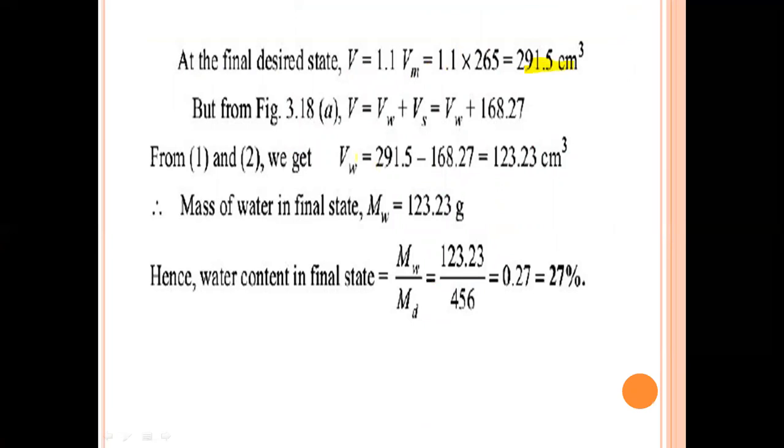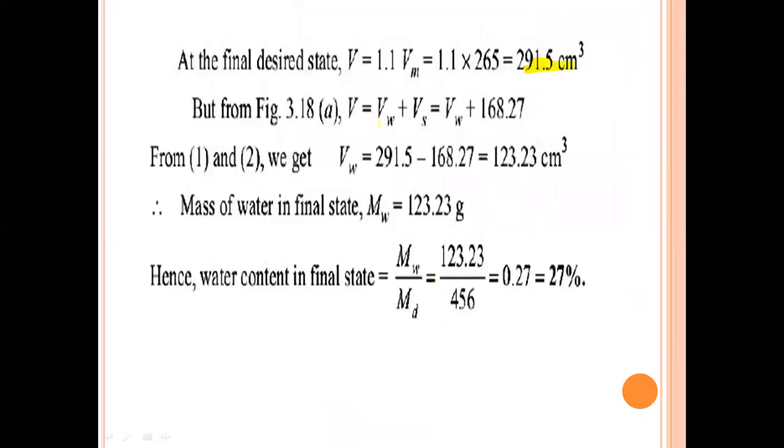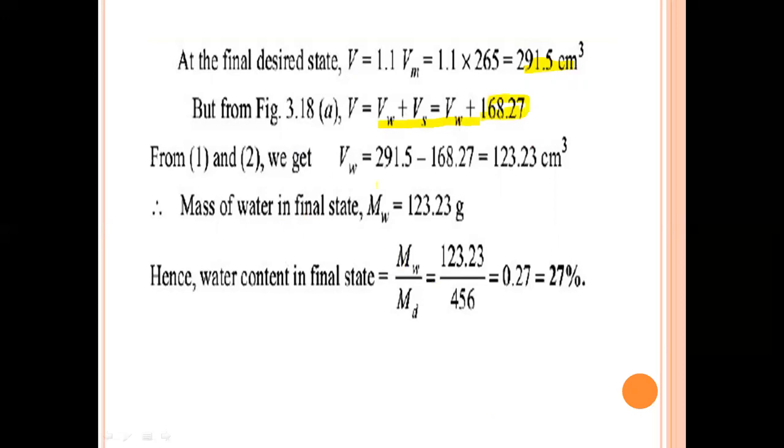From the equation, V equals volume of solids plus volume of water. The volume of solids is 168.27, as we calculated. So Vw equals the total volume V minus Vs, that is 291.5 minus 168.27, which equals 123.23.